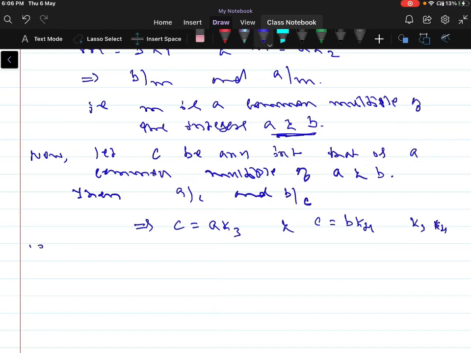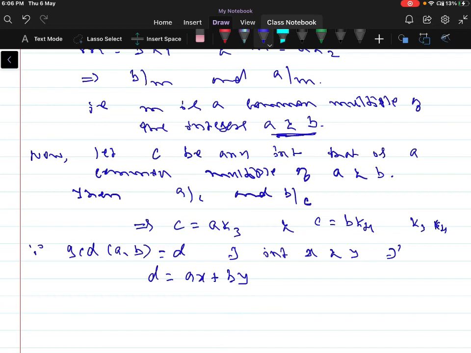Since GCD of A comma B is equal to D, then there exist integers X and Y such that D can be written as a linear combination of the two integers A and B, that is AX plus BY.